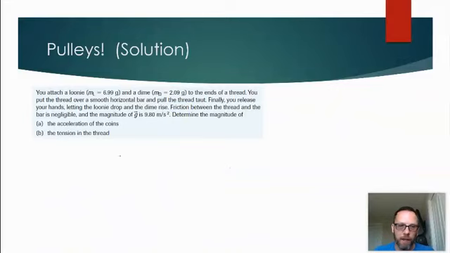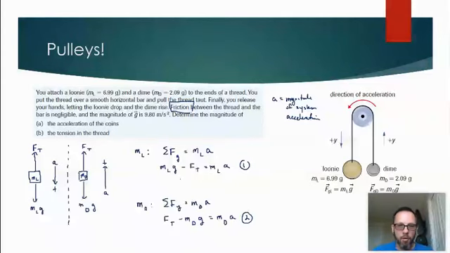I might have to jump back and forth, but you should have everything on the same sheet. So if I add those two equations, what do I get on the left-hand side? I'll have MLG and minus MDG. And the FT terms will go away because I'm adding negative FT and positive FT. So they're gone.